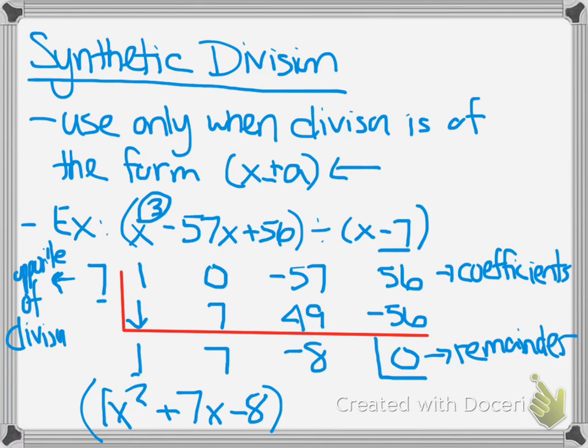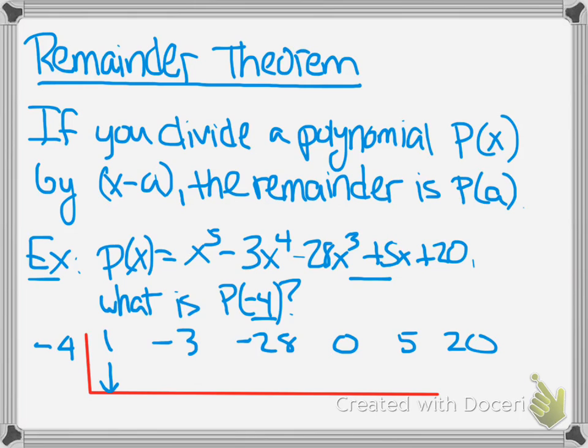When we did the synthetic division back here, we were given a factor, so we do the opposite. But in this, we're given the actual number, so we don't. So again, synthetic division, we drop the 1. Negative 4 times 1, well, that's negative 4. Add the column, negative 7. Multiply, 28.